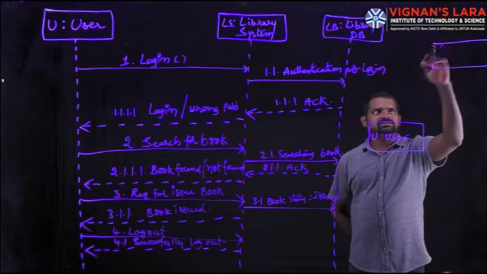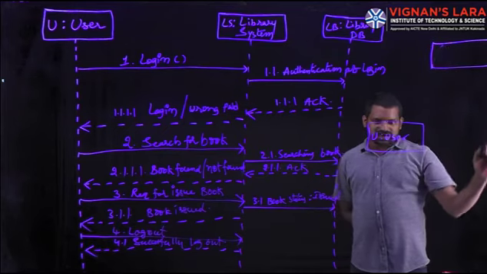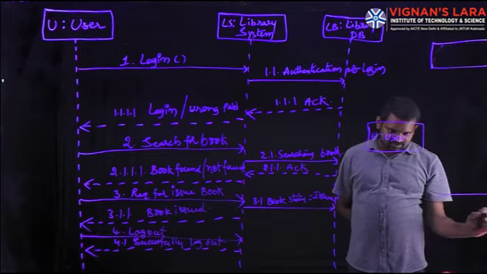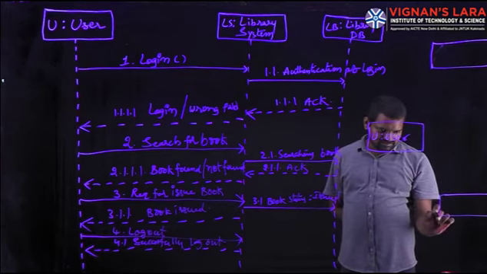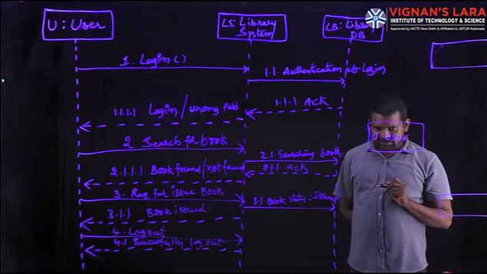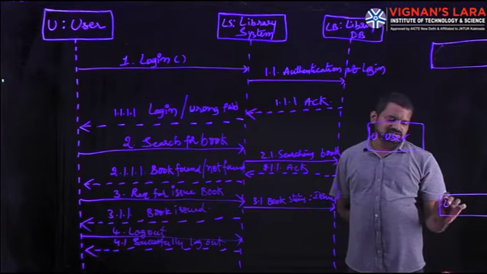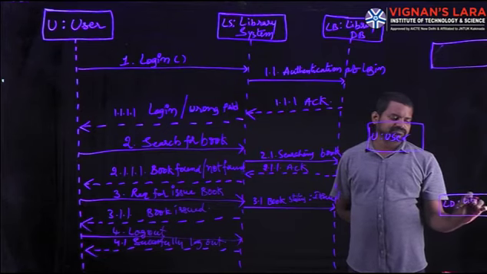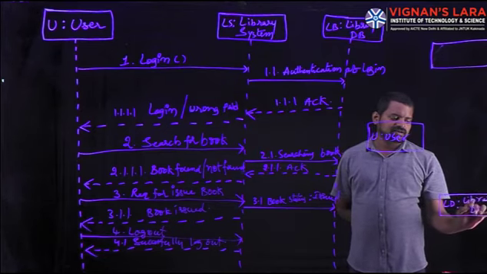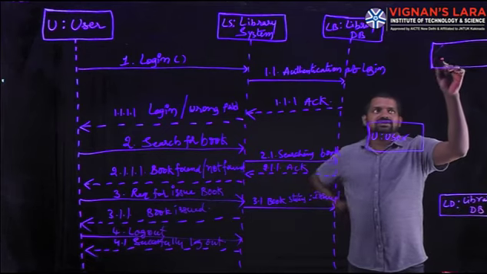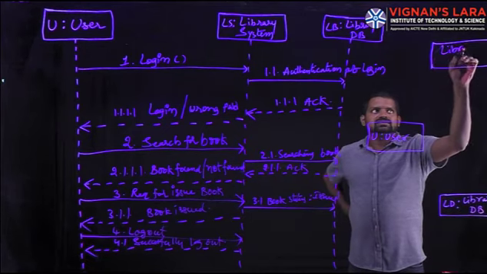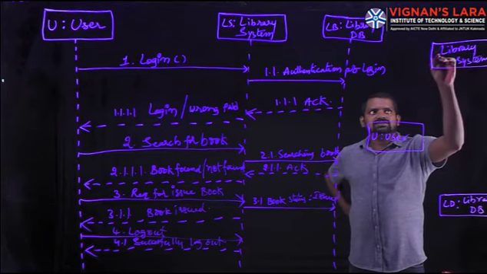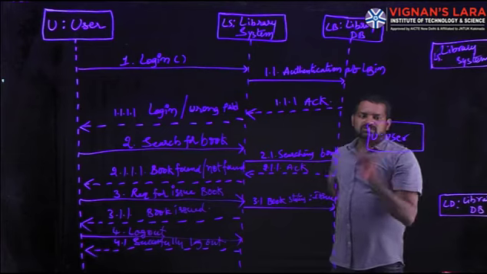Then the library database, library DB. The library system object type is LS, and U is the user.